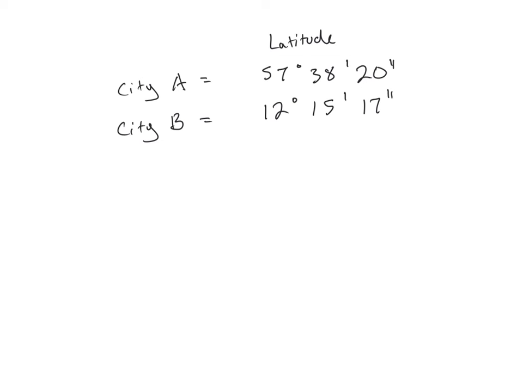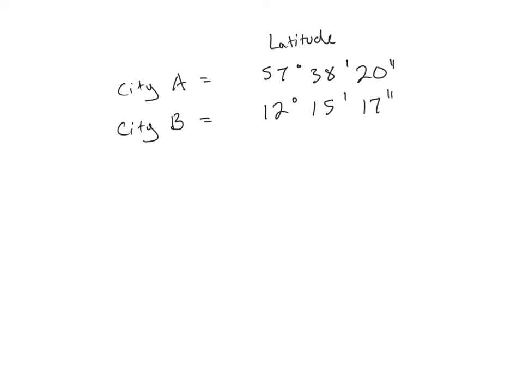So what I can do is first, I'm going to just convert this using my calculator. Punch in 57 degrees, 38 minutes, and 20 seconds, and get a decimal amount.